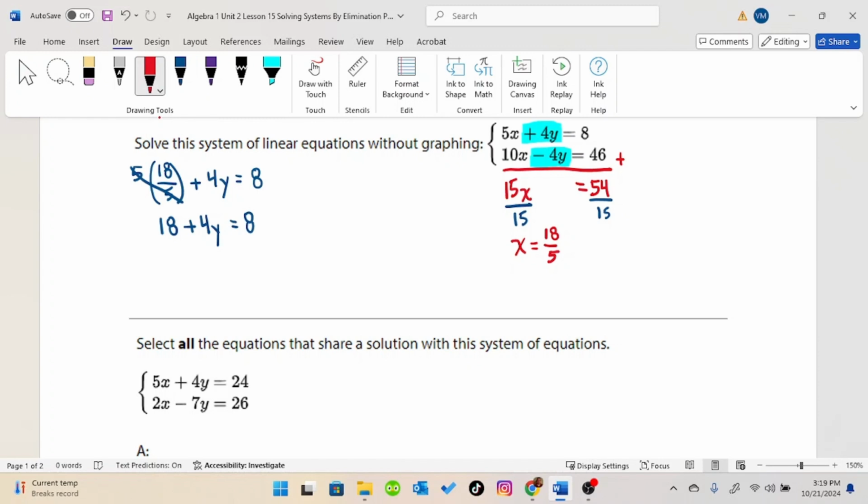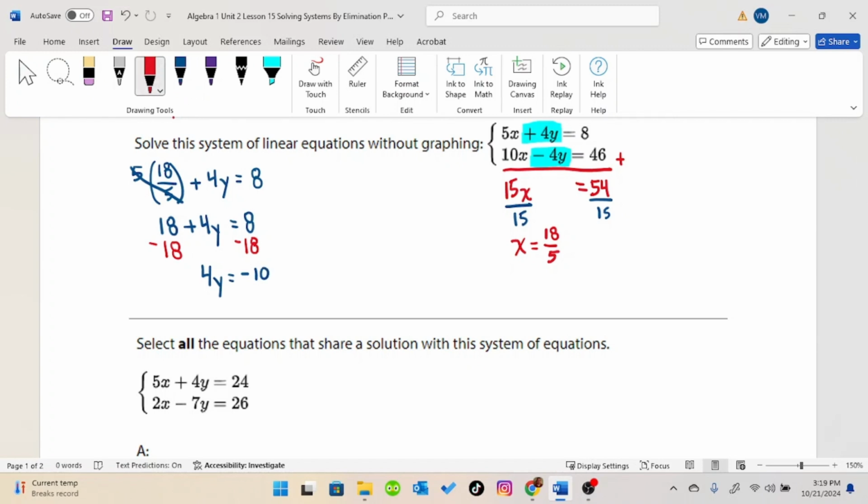The opposite of positive 18 is negative 18, so I'm going to subtract 18 from both sides to keep it equal. This leaves us with 4y equals negative 10.